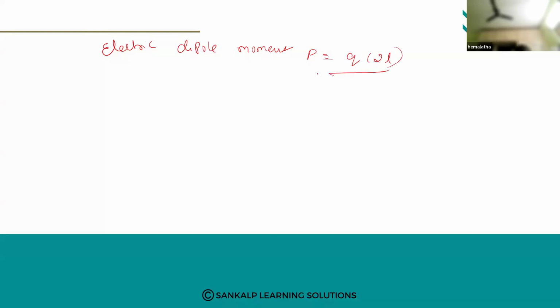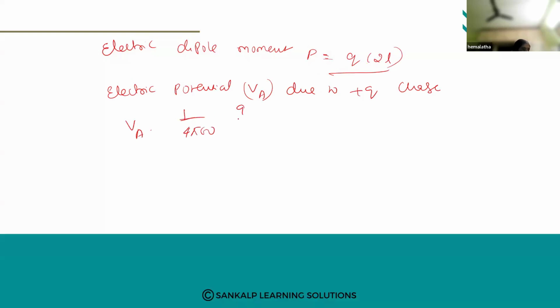Electric potential at P due to charge plus Q is V is equal to 1 divided by 4 pi epsilon naught into Q divided by r minus L, because it is at a distance r minus L.